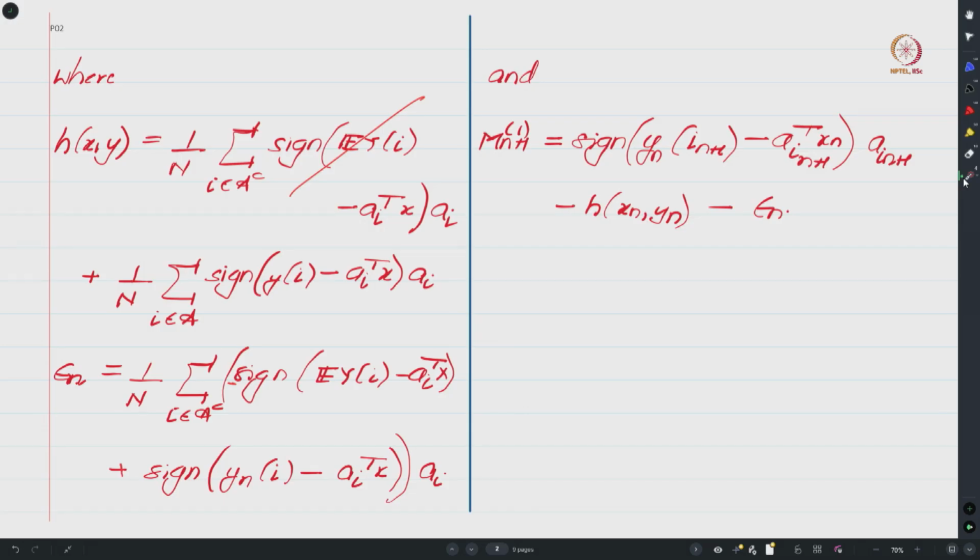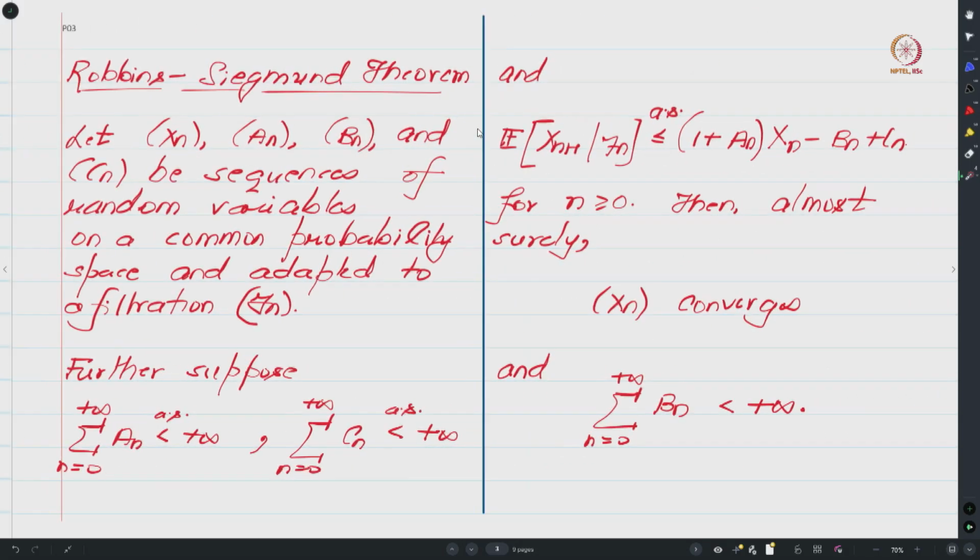So we have some expression like this, and if you plug in h(x_n, y_n), you can see that this term and this term will in some sense represent h(x_n, y_n) plus epsilon_n. If you take the conditional expectation of this expression, then one can see that you would end up with this term plus this term over here, making M_{n+1}^1 a martingale difference term.